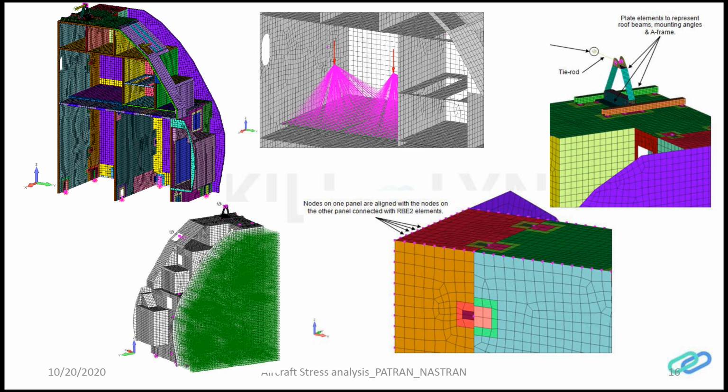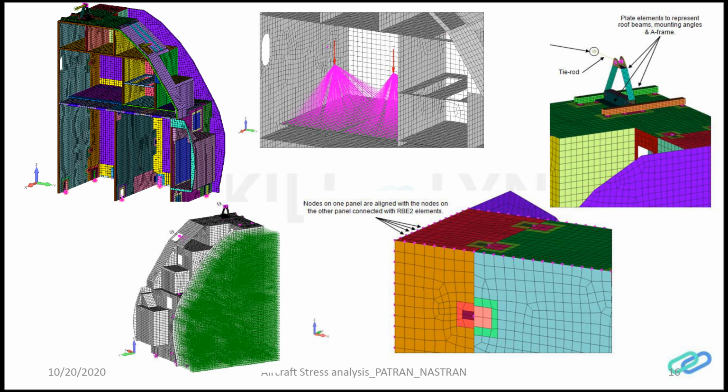And mainly these galley monuments are run for inertial load cases, the gravitational load cases, because they have flight cases with different inertia cases, like forward direction 9g, and flight aft, rearward inertia, 3g, and those kinds of inertia cases.